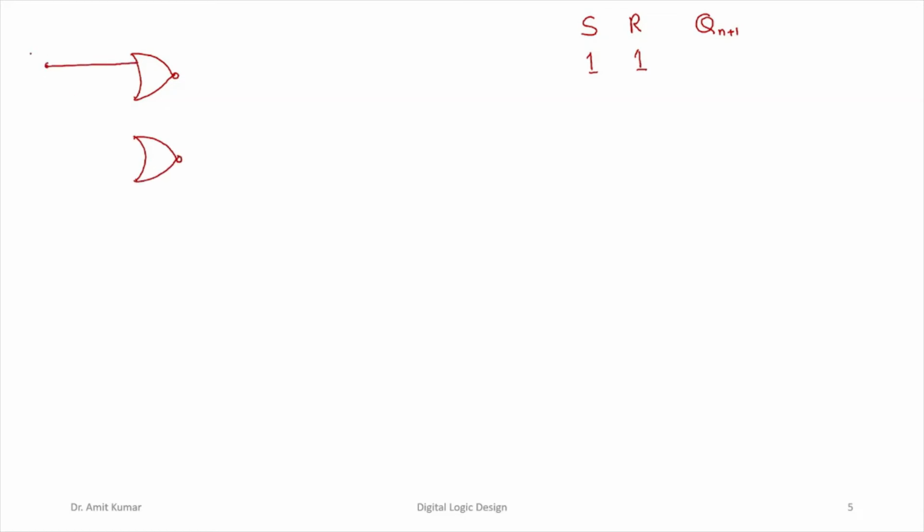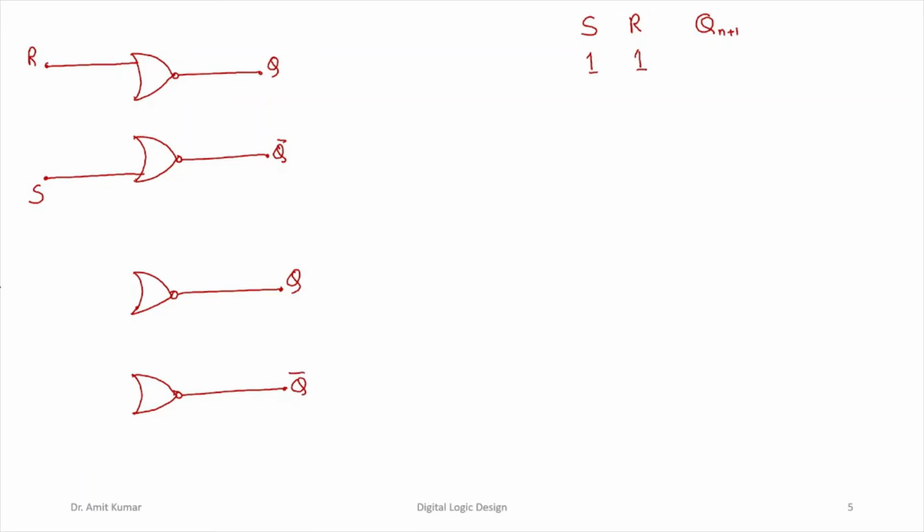This is the input R, this is the input S, this is the output Q, this is the complemented output Q bar. Again, this is the NOR gate, this is the NOR gate, this is the output Q, this is the output Q bar, this is the input R, this is the input S, right?